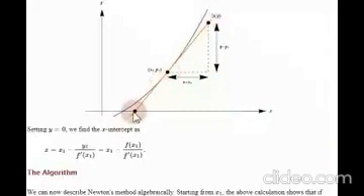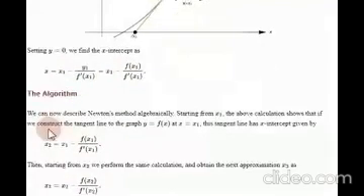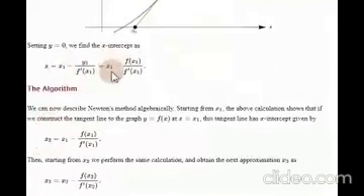Then you can find the equation of this straight line, so you know any point on the straight line. Now you find the point at which the straight line and the x-axis meet. That's how you get this equation here.